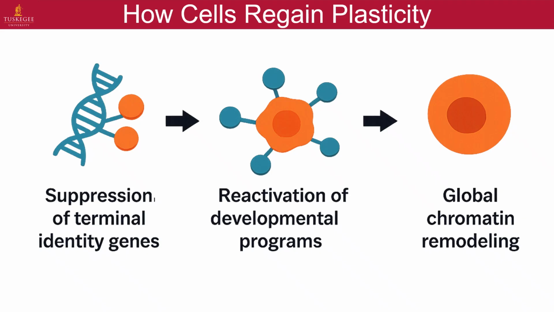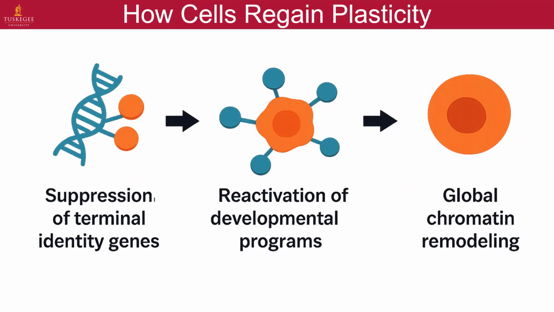Here is an overall schematic view of how cells regain their plasticity. When we talk about differentiation, de-differentiation, mainly what occurs is the suppression of the terminal identity genes.